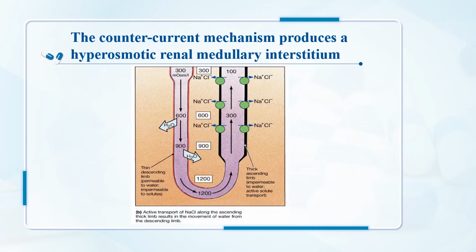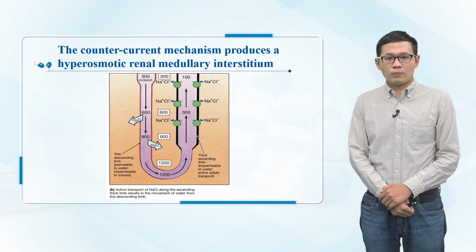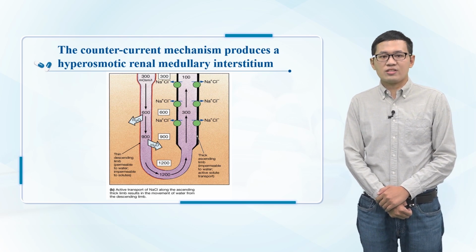Active transport of sodium chloride happens along the ascending thick limb. It does this mainly by actively pumping out salts in the ascending limb. This creates very salty interstitial fluid in the medulla. So when new filtrate comes down the descending limb in front of it, water passively flows out into the super-salted interstitial space.